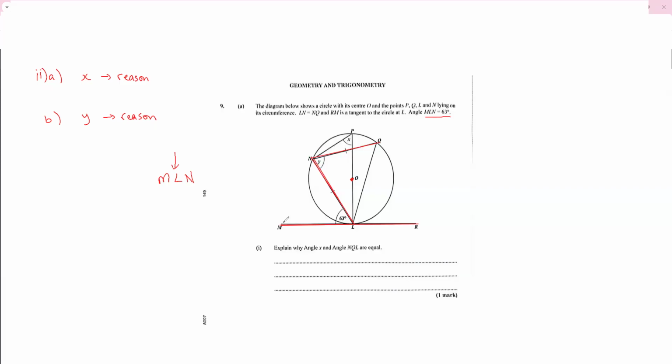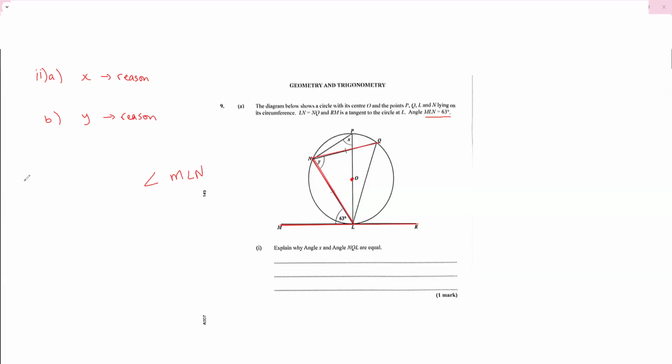So it starts from M, going towards L, and then up to N. So the angle is formed by the middle letter. So angle MLN, and they sometimes use this symbol to show angle MLN. So they either use the word angle or they could use this symbol.